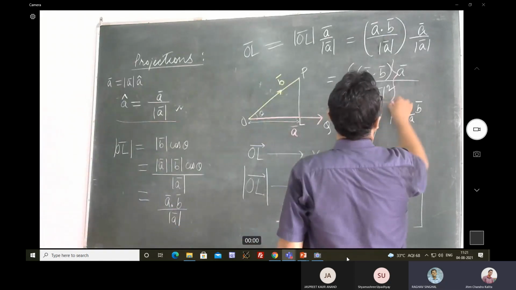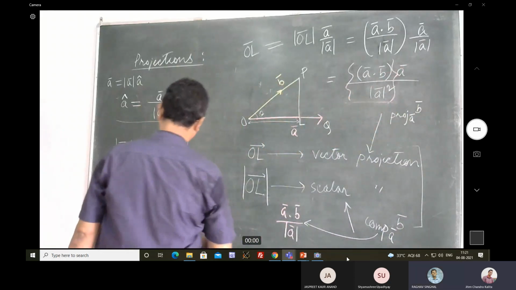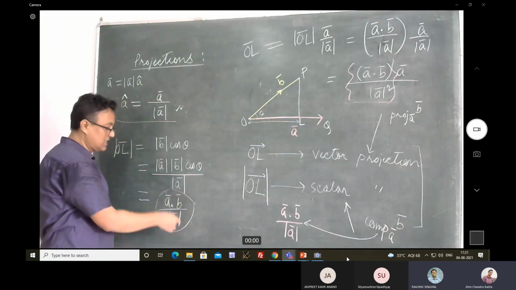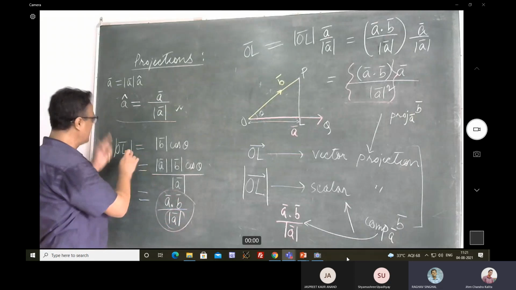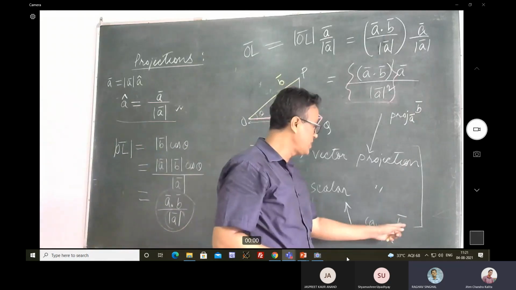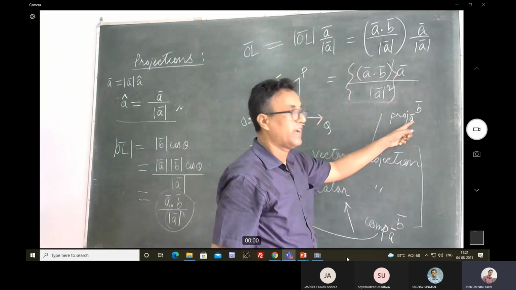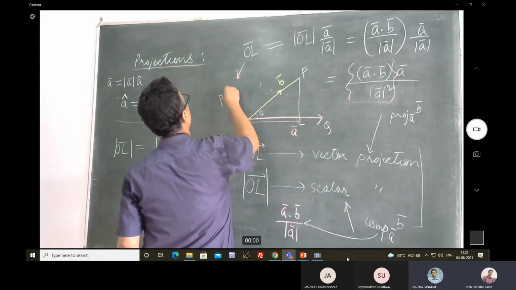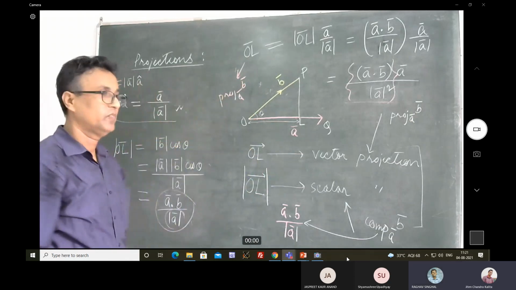So basically, the scalar into a vector is a vector. Whereas this is entirely a scalar because A dot B, the dot product, is a scalar, and the magnitude is also a scalar. So that means component of B over A is a scalar, but projection of B over A is a vector. Is it clear?